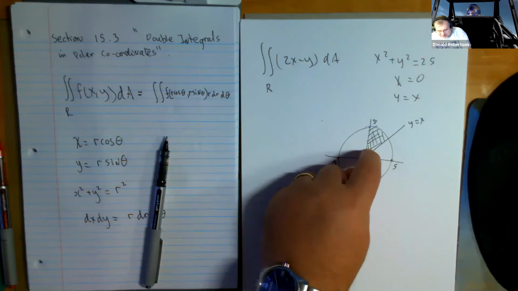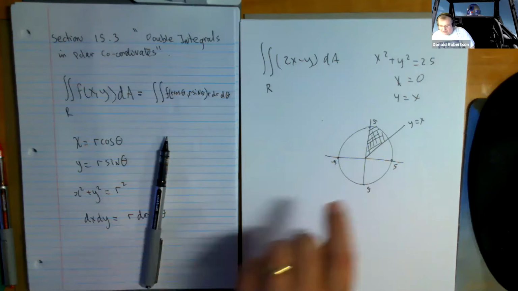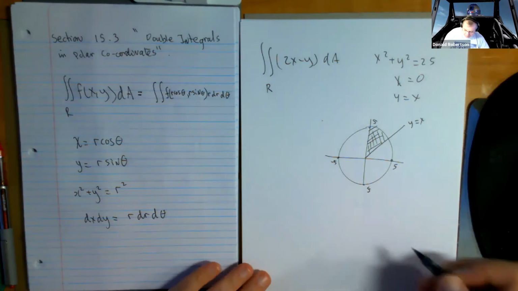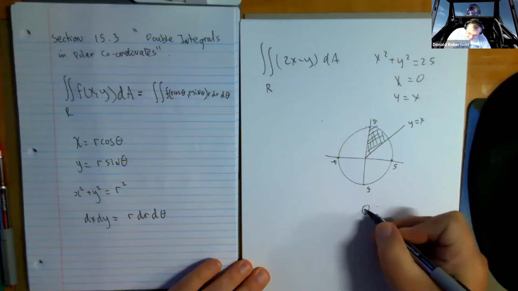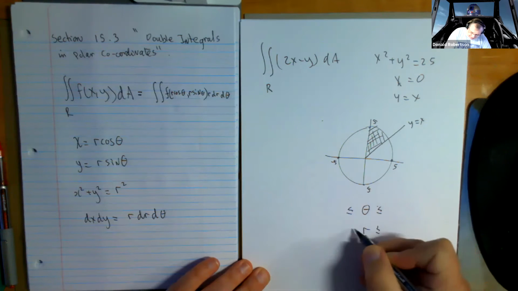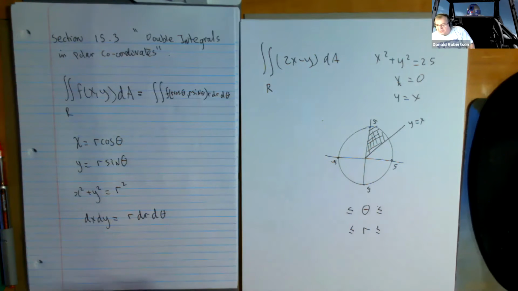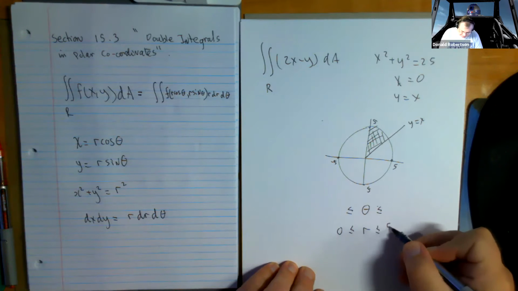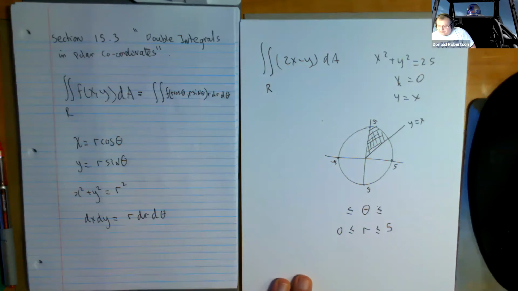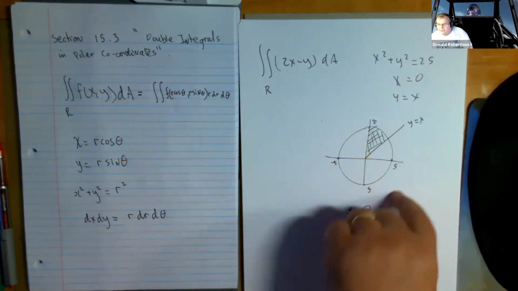So if you take this shaded region, we have to describe this in terms of polar. Well, if you think about how you would create this using the r and the theta, the r is probably the easy bit. If it's a circle, you just go from 0 to the number. So it's 0 to 5. That'll take care of any piece of a circle.